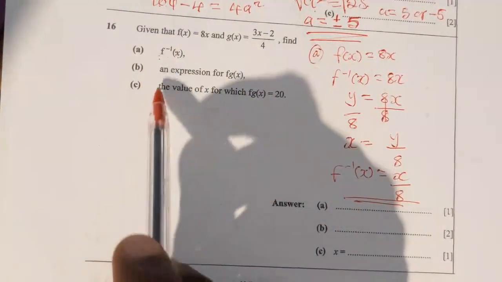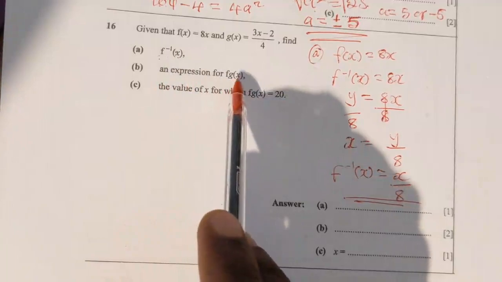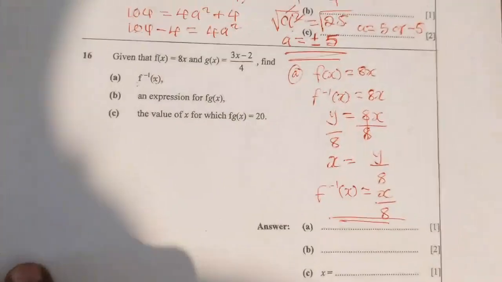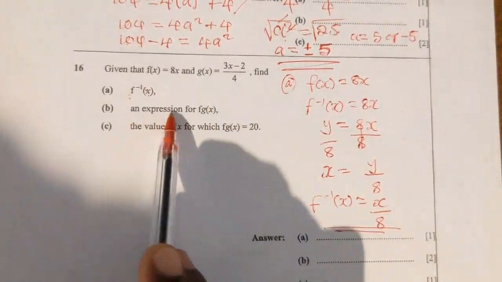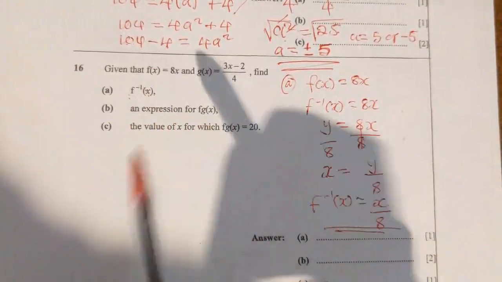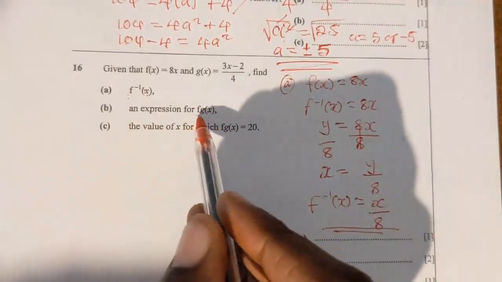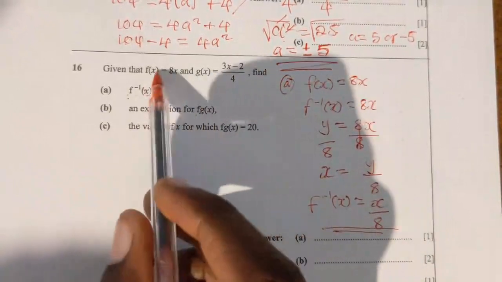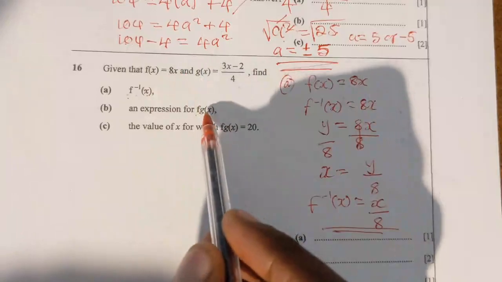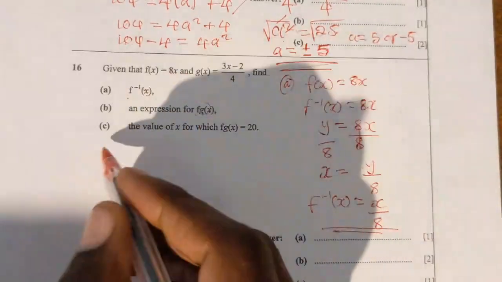Coming to this one, this one is saying an expression for f of g of x, don't be confused. This is just simple. Here they are saying this is a composite function. So we get the function f, which is this, where there is x, put the function g.